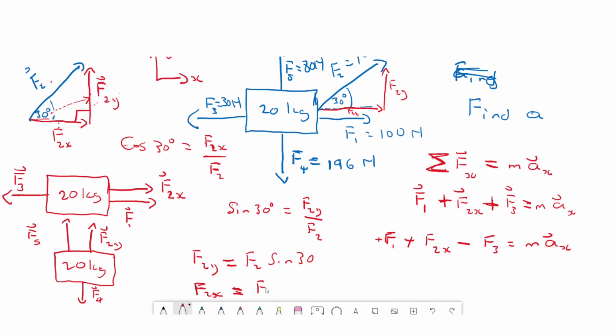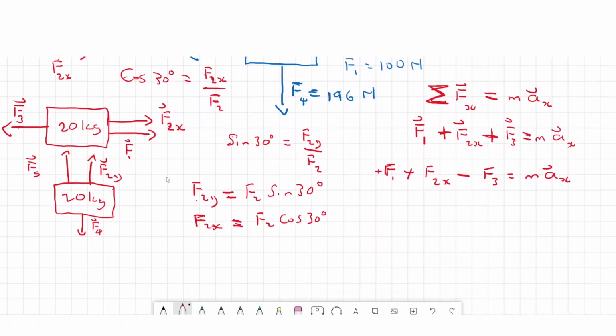So F2x is going to be F2 cos of 30 degrees, and this is how I'm going to find the magnitude of F2x. F2y is found the other way. Now I am going to substitute.